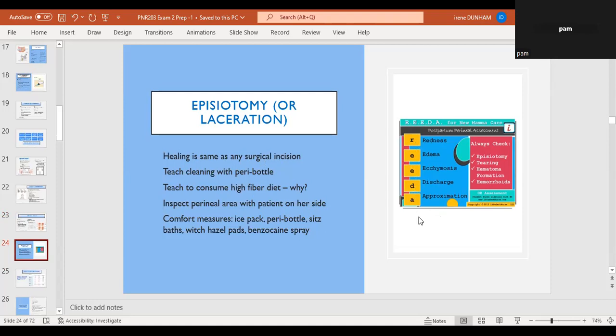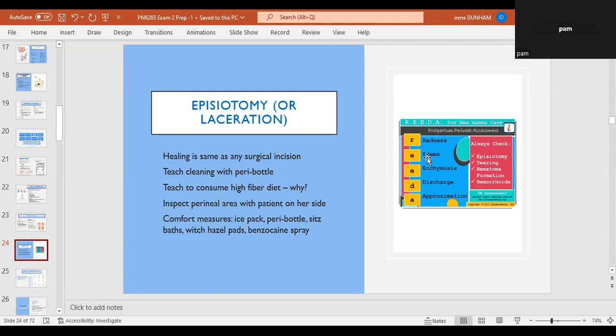So you want to write that down. Next to R, I'm looking for redness. Remember, I'm the postpartum nurse, and my job is to make sure the episiotomy does not get infected, that it's healing, and the sutures are well approximated. So I'm going to check for redness.